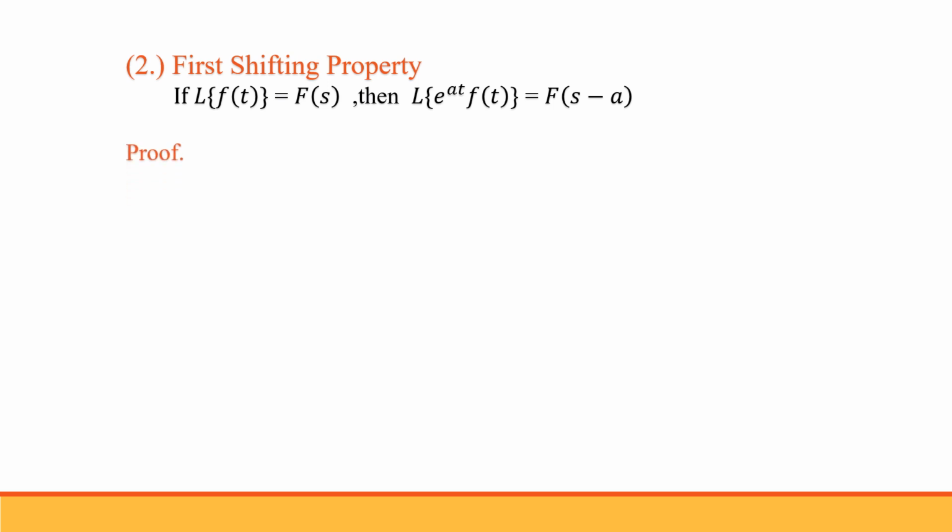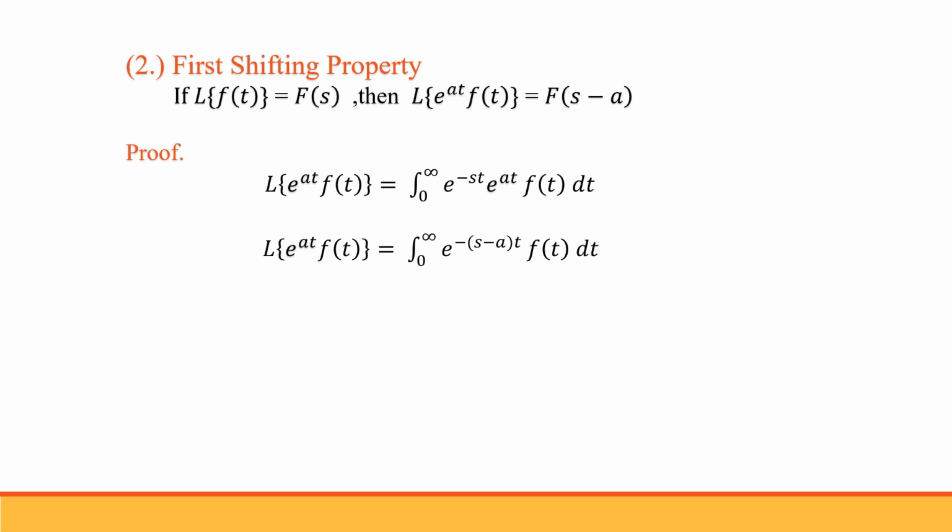By the definition of Laplace transform, the Laplace transform of e to the power at f(t) is equal to the integral from 0 to infinity of e to the power minus st into e to the power at f(t) dt. Now by combining the exponential terms, we can write the integral from 0 to infinity of e to the power minus (s minus a) t f(t) dt.